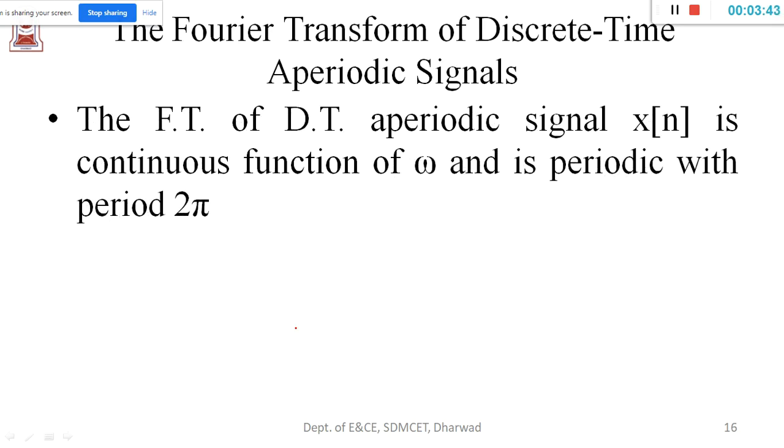Okay, this was our last discussion, where we covered the fundamental concept of the Fourier transform. Very commonly we apply the Fourier transform to an aperiodic signal, and once you apply it, the frequency analysis of that signal is a continuous signal that is periodic with period 2 pi.